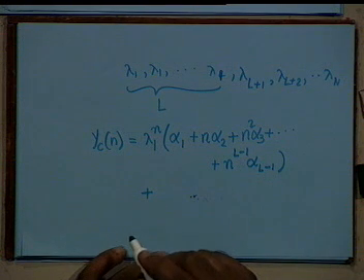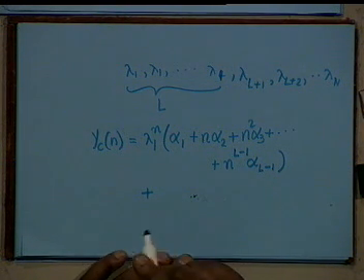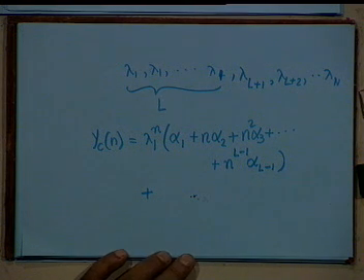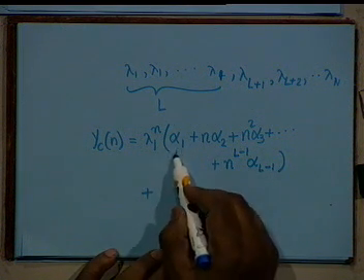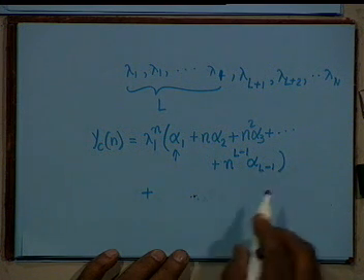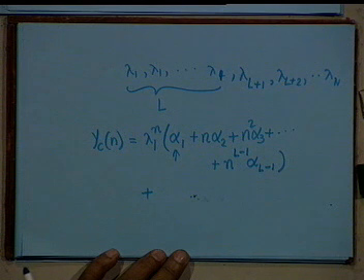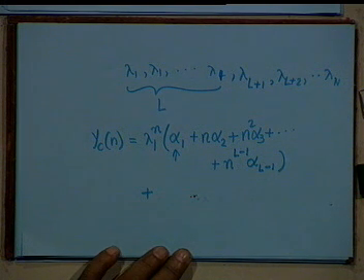How many constants have you used? Alpha L. It will be alpha L. No. We had a constant here. So how many constants have you used? L minus 1. But there are how many roots? L roots. What is the problem?